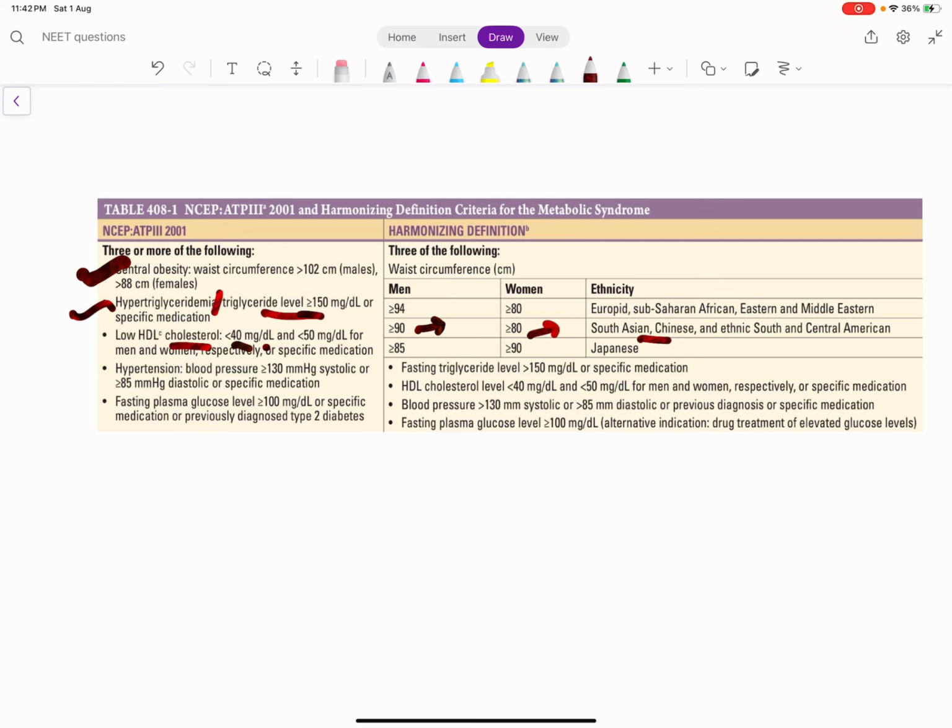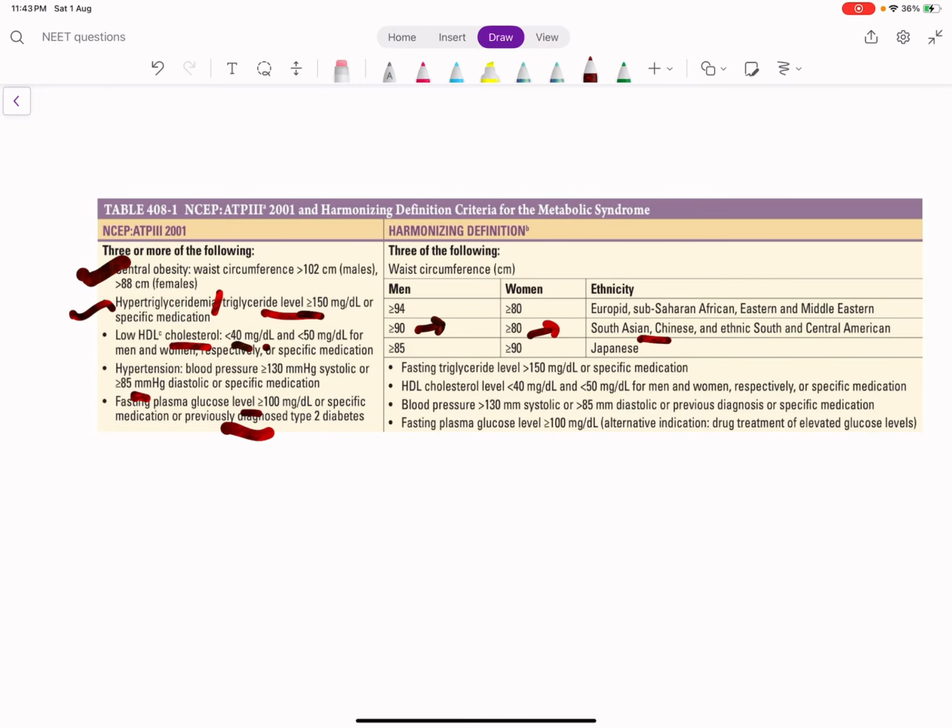Okay. And hypertension, that is blood pressure more than 130 systolic or diastolic blood pressure more than 85. And fasting plasma glucose more than 100 itself is a diagnosis of metabolic syndrome, or he should be taking drugs.